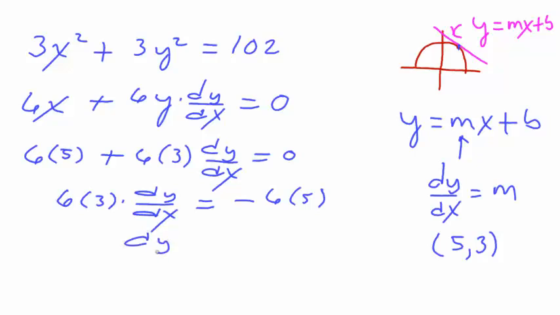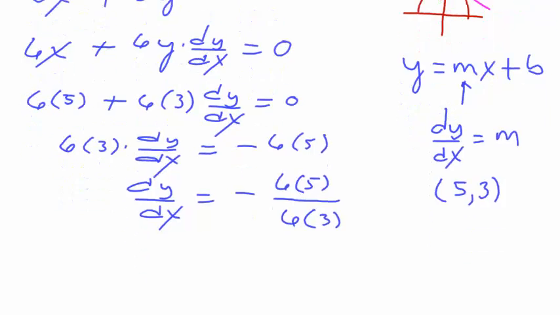So we have dy over dx is equal to negative 6 times 5 over 6 times 3, taking the 6 times 3 diagonally down.